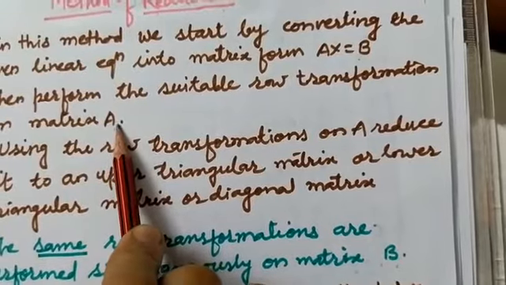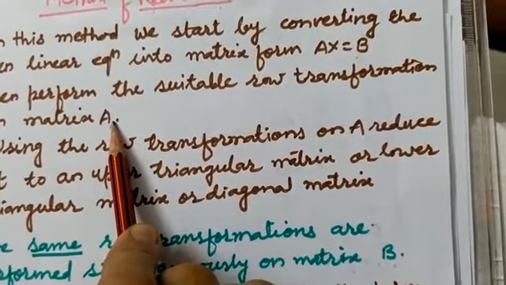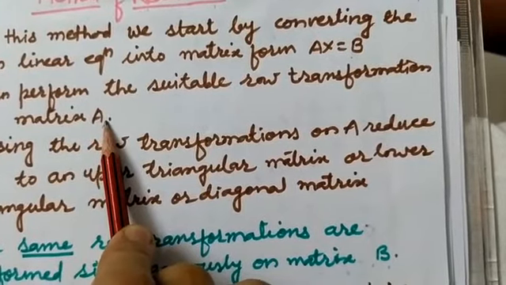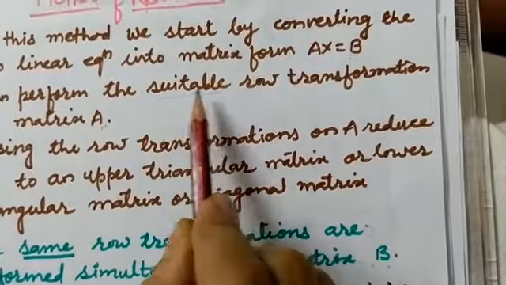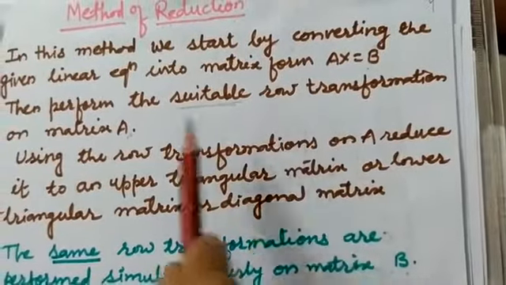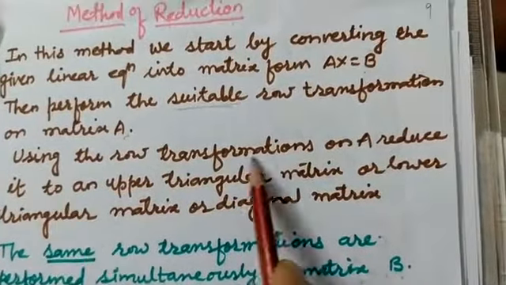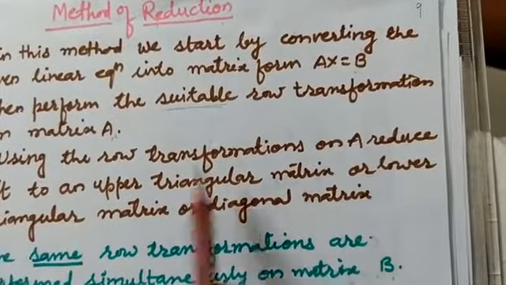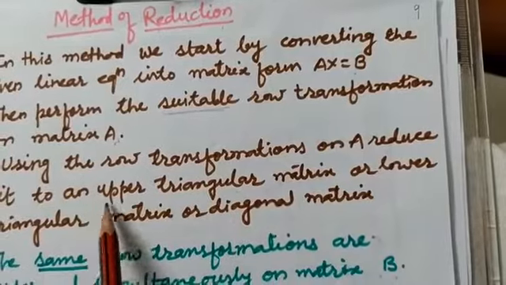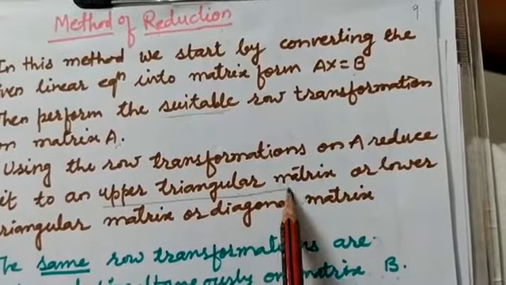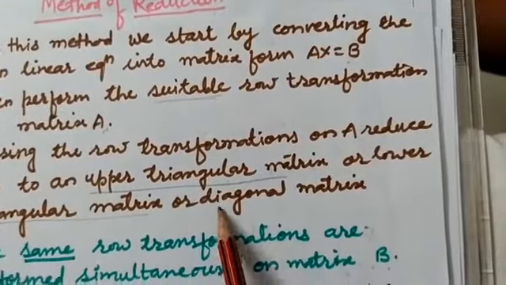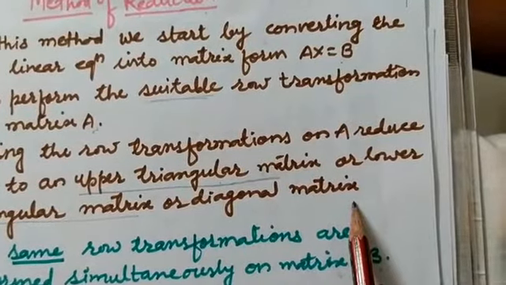There we found the inverse by the adjoint. Here we have to perform suitable operations. Remember this phrase now, suitable row transformations. Next, using the row transformations on A, reduce it to an upper triangular matrix, or lower triangular matrix, or diagonal matrix.